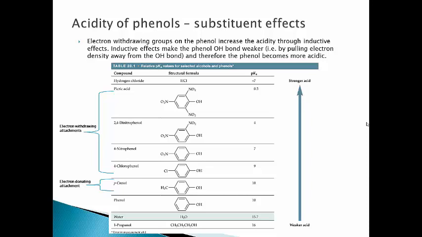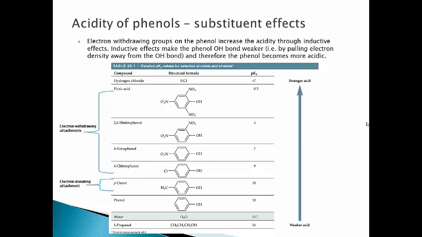We can do that by pulling the electron density away from that OH bond and back into the benzene ring, and that will make that O minus come about better. So we'll be stabilizing that O minus. Depending on the groups that you attach to the ring, you can stabilize that O minus.